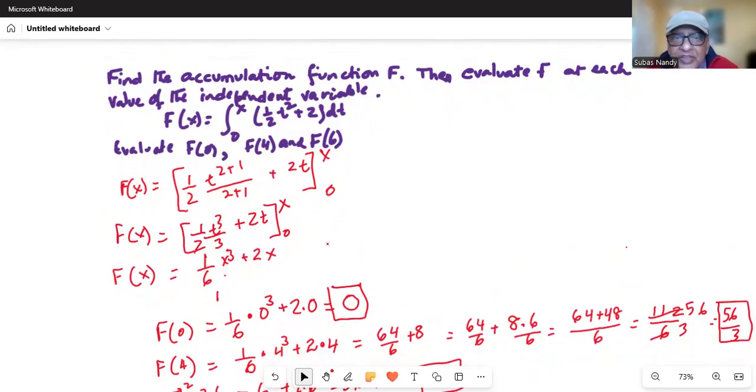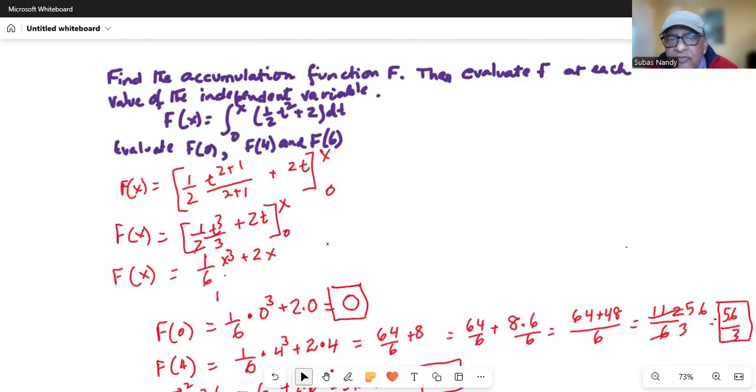So the first term is half t squared, which by integration becomes t to the power of 3 divided by 3, and for 2 integration dt, 2 is a constant, move it out, and then the integration of a constant is just the term t. And so the limits are from 0 to x. Now 0 itself has no value in any of these. The lower limits will be 0 for both of them anyways.